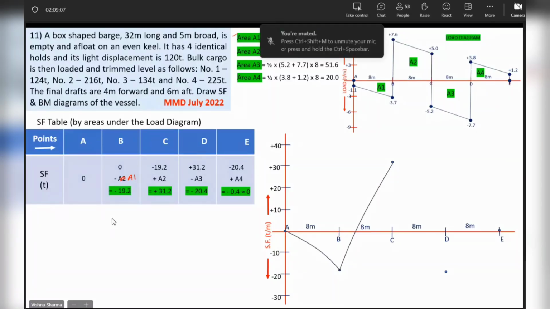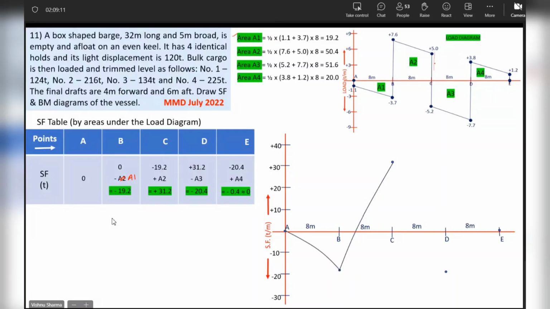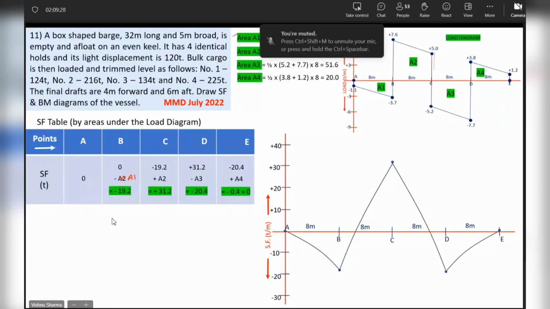But lesser does not mean zero. It is still 5 meters, so it is not going to become horizontal. Why? Because the other end is not becoming 0. You still have 5, right? The other two will be the counterparts of it actually. So exactly the mirror image of this I have done. This will be my shearing force diagram, beta.